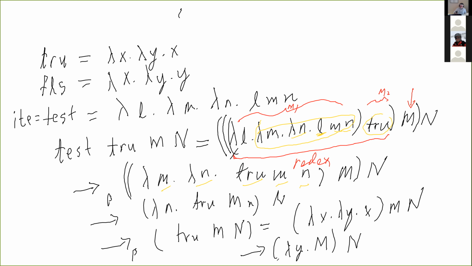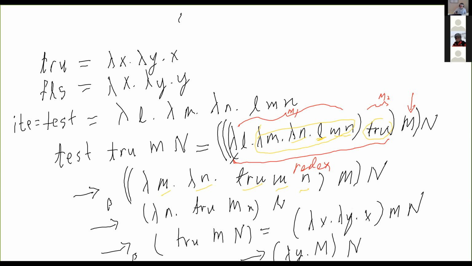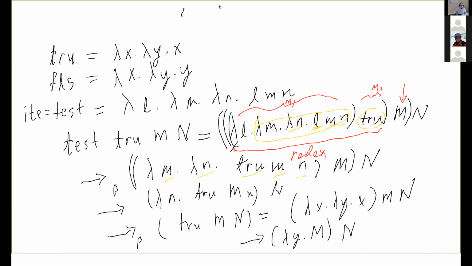Applied to n, so that's a beta reduction. Whoops. Oh, that's interesting. Okay. And so that beta reduces in one more step to M.